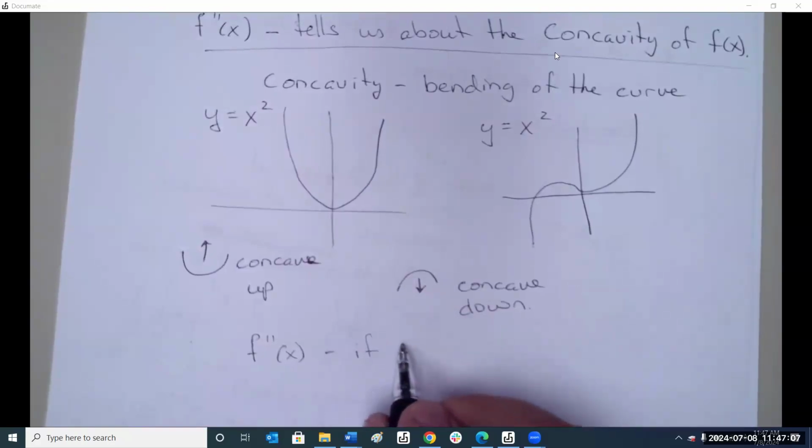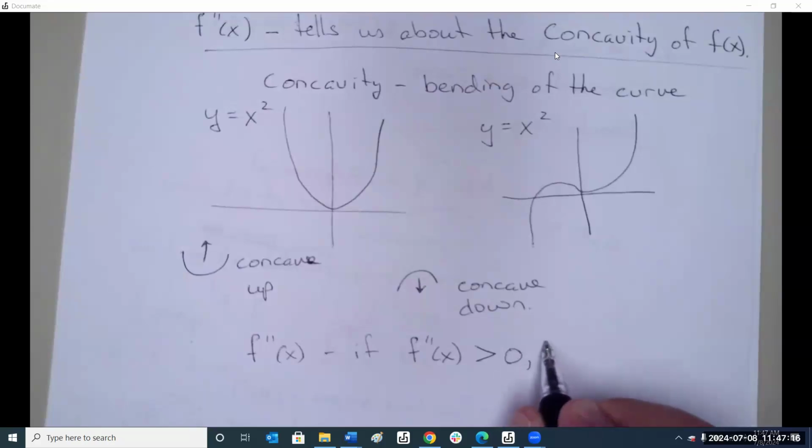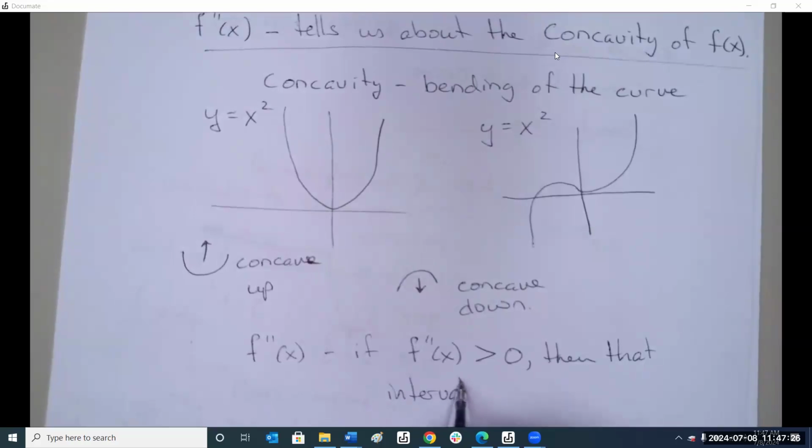If f double prime of x is positive, then that interval is concave up.